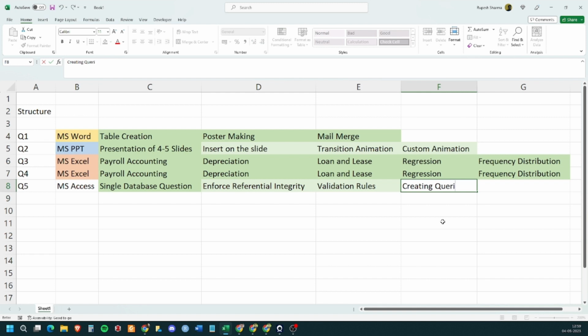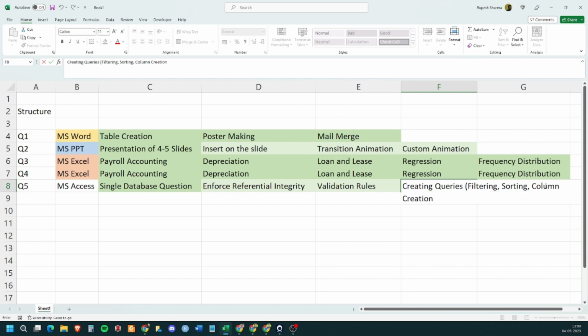Creating queries में, once you have all the required columns, then you might be asked to do three kinds of things. Filtering, you have to filter the data on the basis of some criteria. You might be asked to do sorting, that you have to sort the data on some basis. And lastly, you have something called column creation.